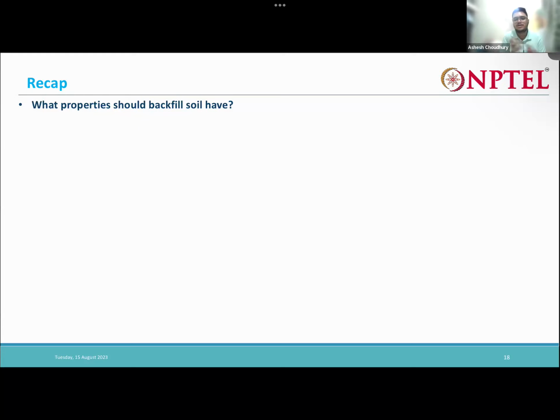Granular soil or fine grain soil for backfill? Which type of soil would be more appropriate to be used as a backfill soil?